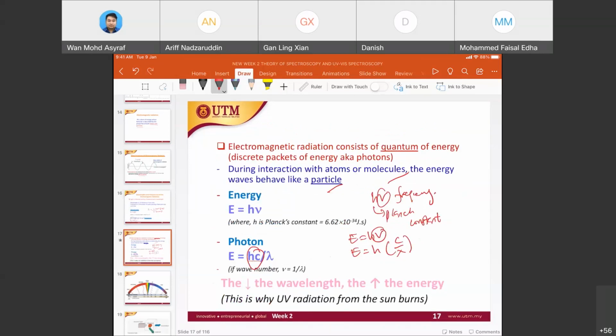So the lower the wavelength, the higher the energy.